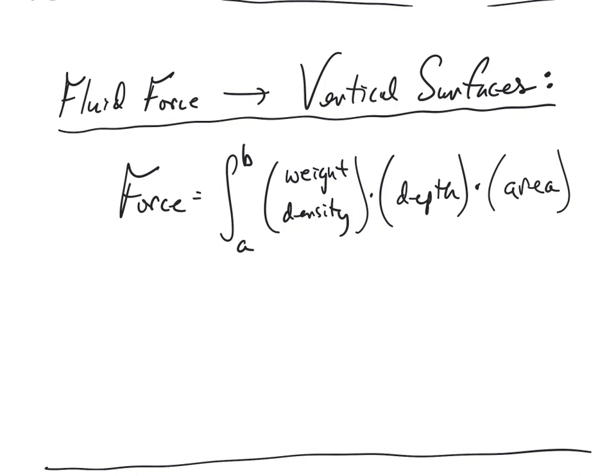Now the factors you see are exactly the same as we've used in the previous 2 examples: weight density, depth, and area. Now the weight density again is going to be a given value. This is just going to be told to us in a problem. In any problem, we're just going to be told what the weight density of the liquid is. Then we have to consider the depth of the surface.